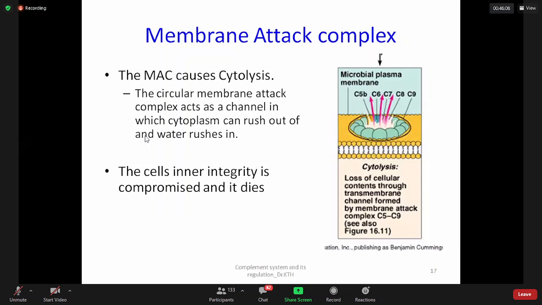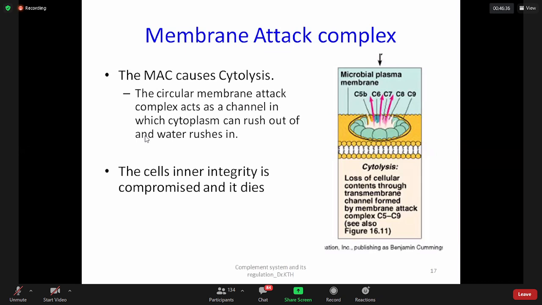C3A acts on the mast cells and also attracts cells, whereas C3B acts as an opsonin, so it will bind on the surface of a cell, and when a cell is saturated, the remainder will bind with C4B2B to form the C5 convertase, which will then split C5 into C5A and C5B.